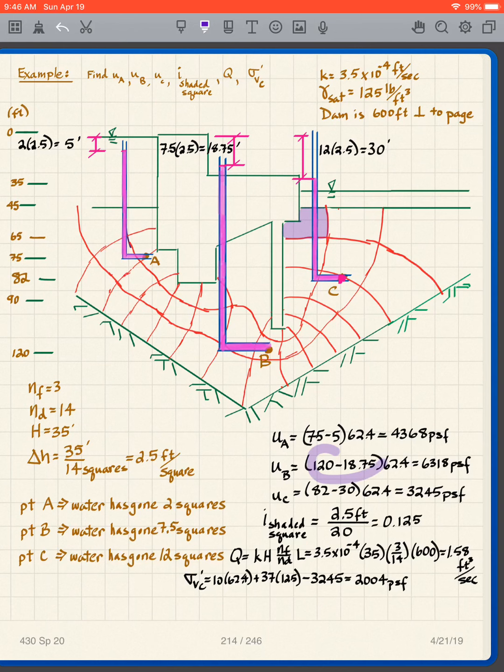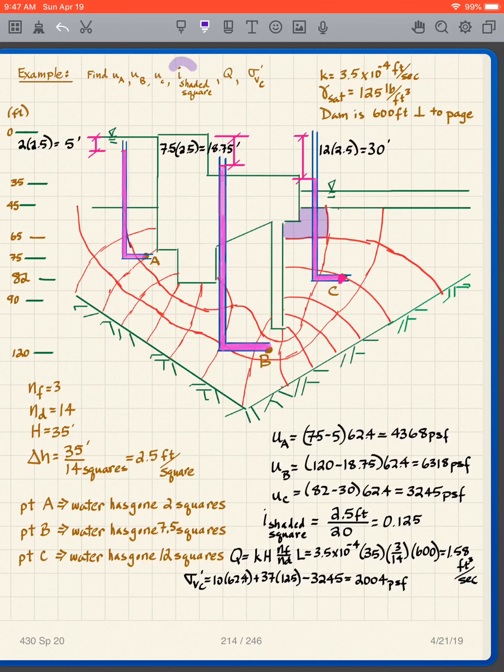So it's 120 minus 18.75. For point C, I'm at 82, so 82 minus 30. I take each of those and multiply by 62.4, and I get the pore pressures of that amount. So that gives me all my U's.